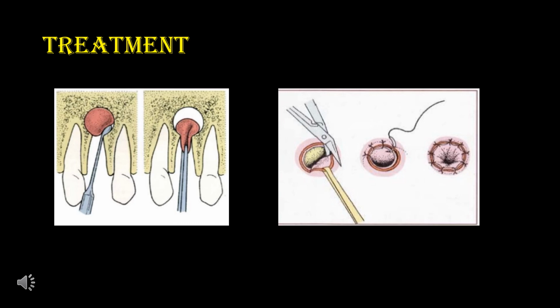The recurrence rate of a dentigerous cyst is very low, so it will not usually recur. As for complications, the dentigerous cyst can turn into a squamous cell carcinoma, or it can even turn into an ameloblastoma.